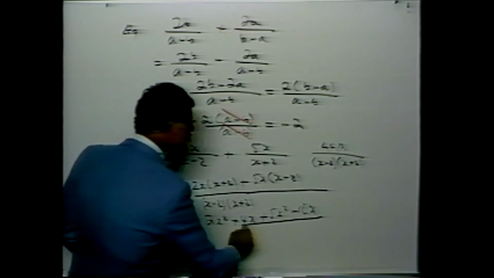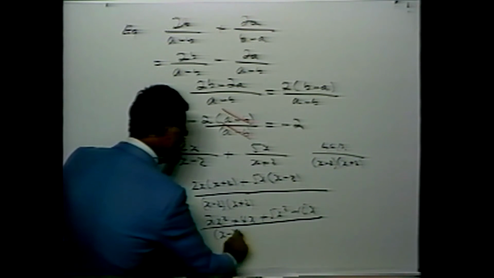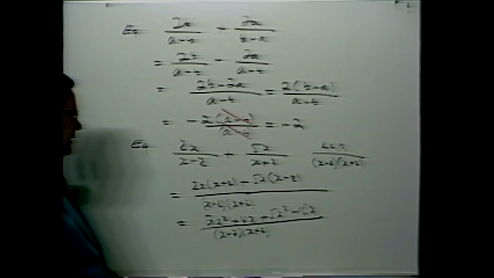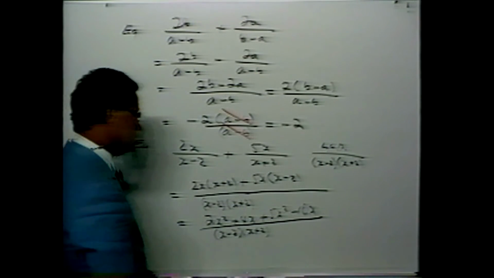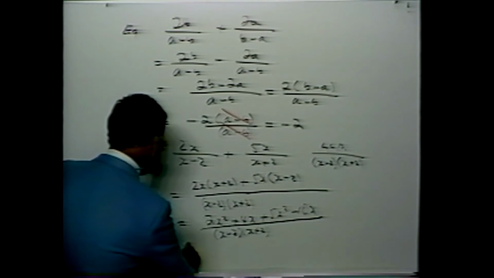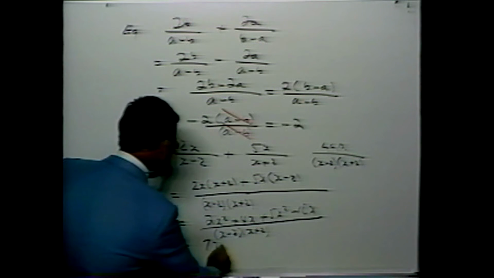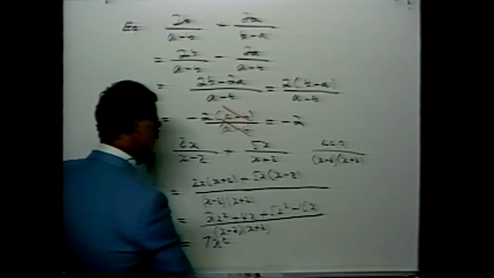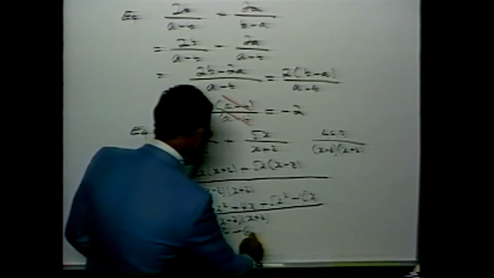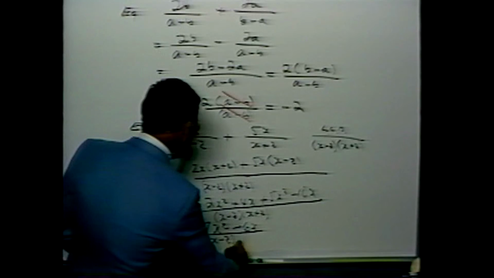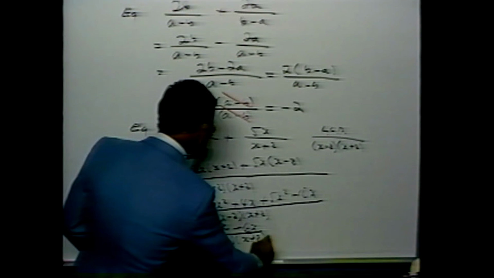There are several like terms there, which you have to look after now. 5x squared and 2x squared is equal to 7x squared. So we'll write 7x squared plus 4x minus 10x is minus 6x upon x minus 2 times x plus 2.